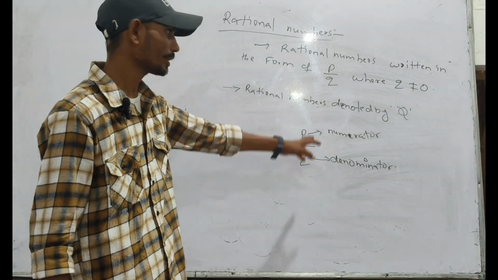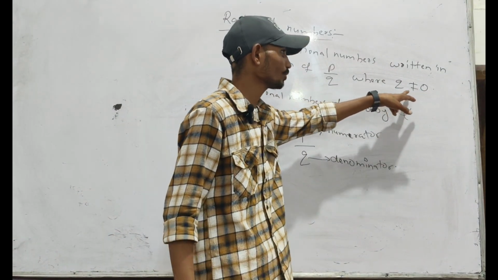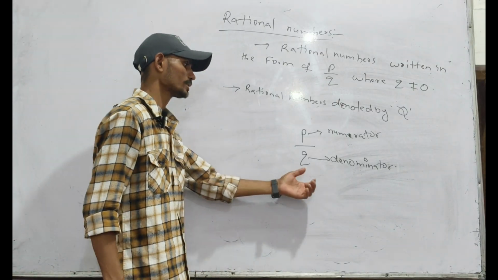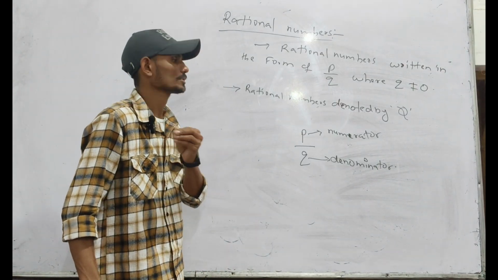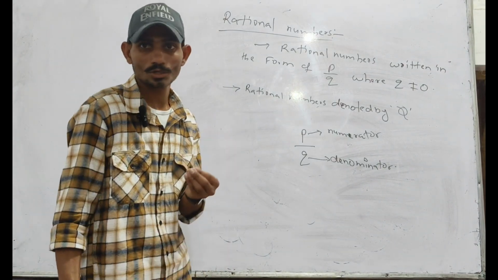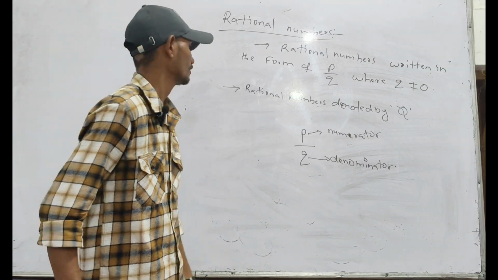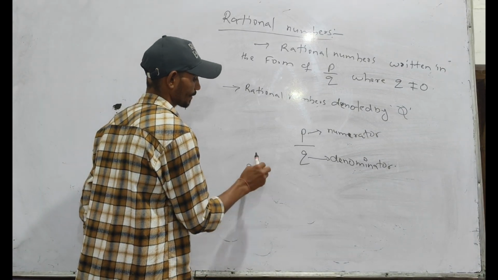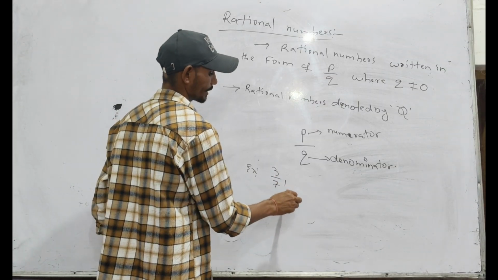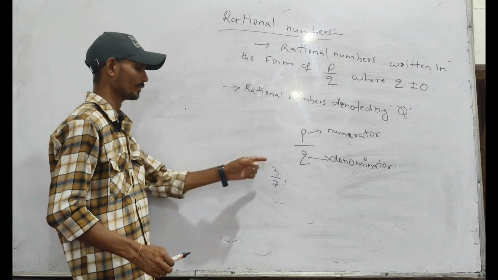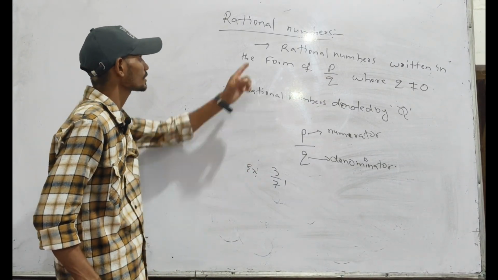I gave one condition, Q does not equal 0, which means the denominator never becomes 0. If the denominator becomes 0, those kinds of numbers are not rational numbers. Example of a rational number: 7 by 2. Every number in P by Q form is a rational number.